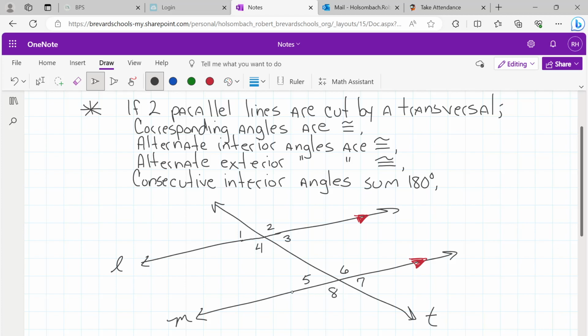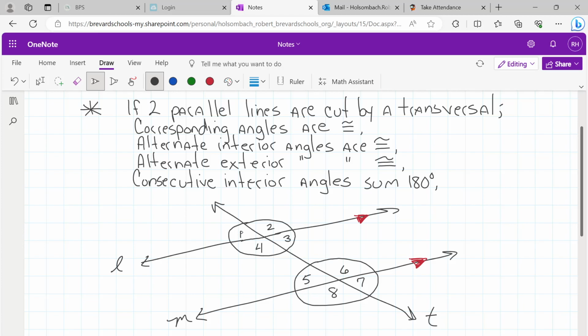So we're going to go back to this first rule that relates to corresponding angles. Corresponding angles hold the same position in their group. Do you see how you've got a group of 4 angles up here that I just circled, and then another group of 4 angles down here on the bottom?